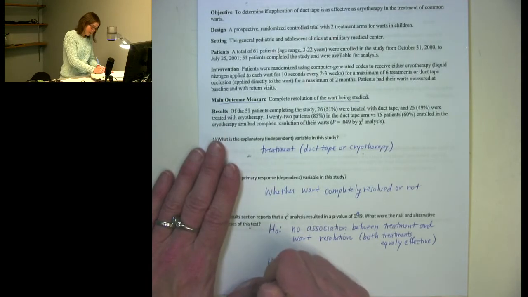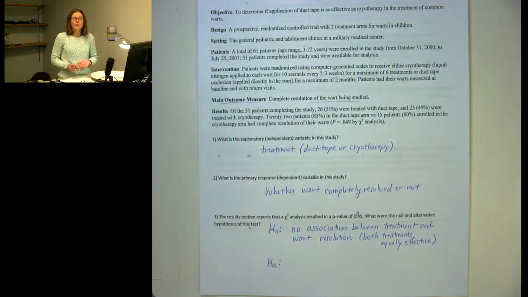The alternative hypothesis is that there is some difference, some sort of association between the treatment and the response. And so this would mean that there's some sort of difference in the effectiveness of duct tape and cryotherapy.